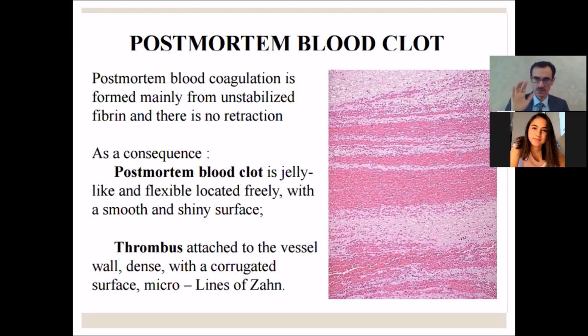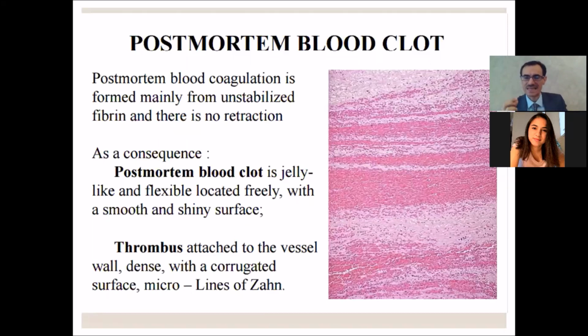So there are some morphological features. The post-mortem blood clot is jelly-like and flexible, and located freely. It is not attached to the wall of the blood vessels. Mainly it is found in the venous blood vessels, with a smooth and shiny surface.